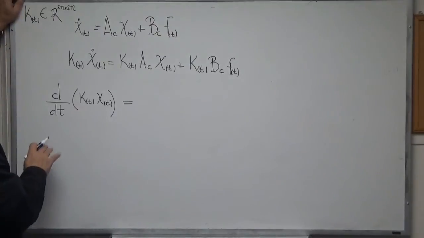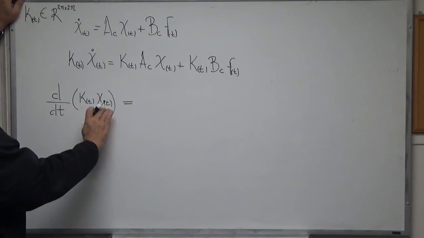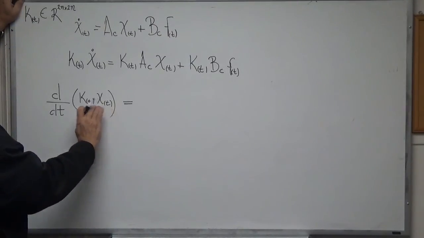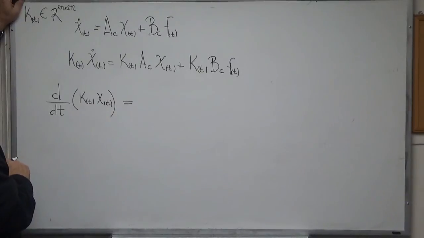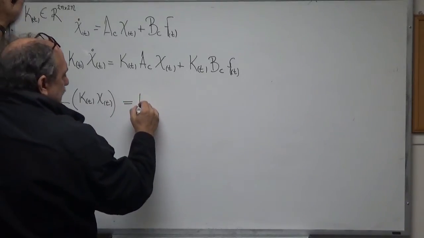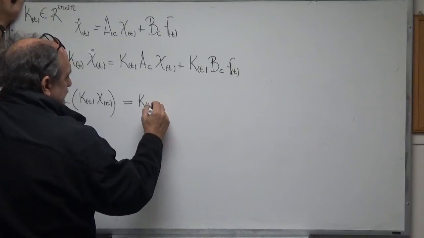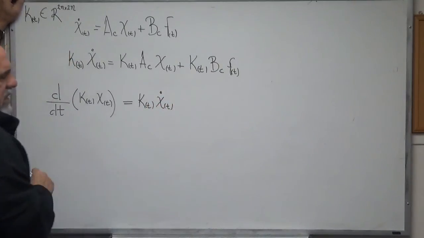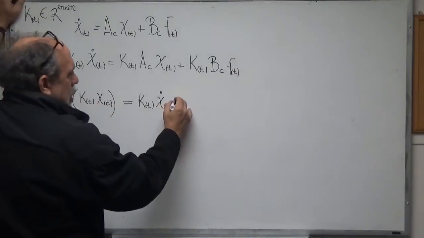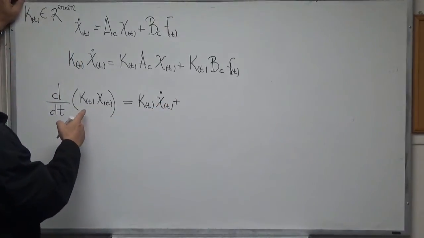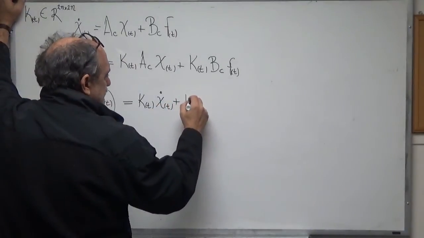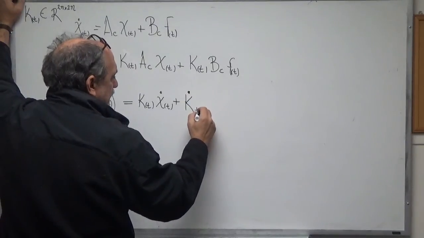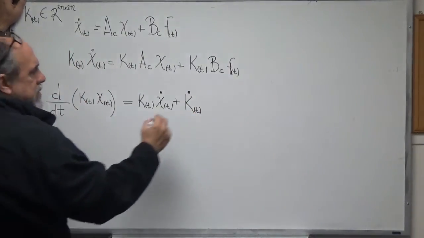If we use the chain rule, the derivative with respect to time of that product, K of t times X of t, is going to be K of t times the derivative of X of t plus the derivative of K, the matrix, times X, right?